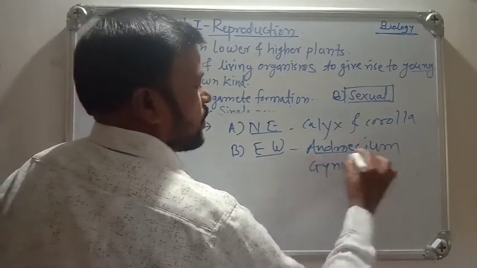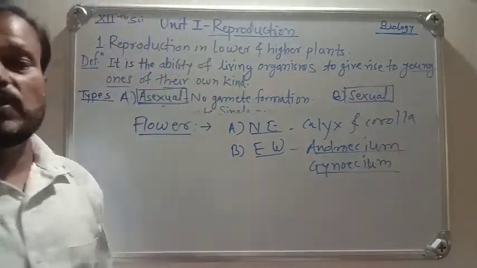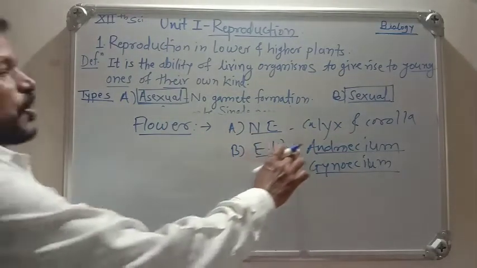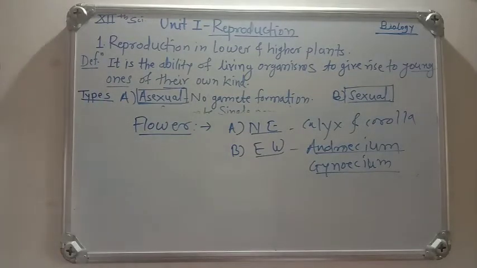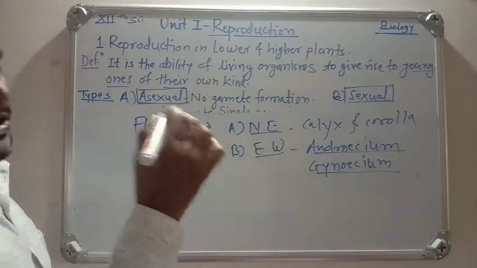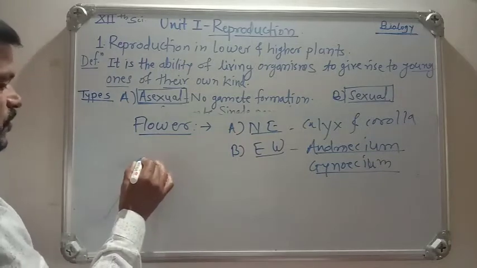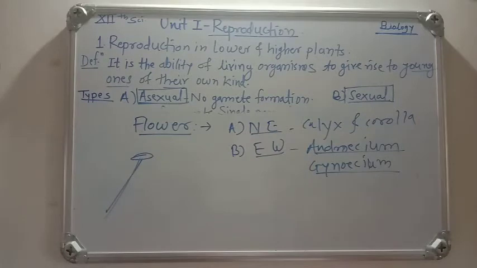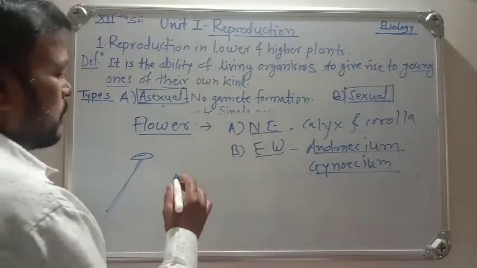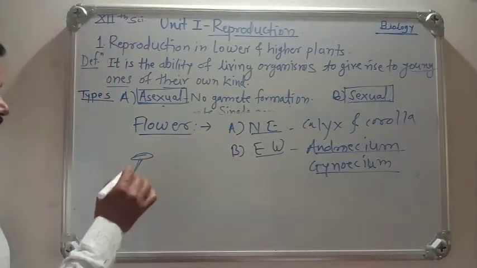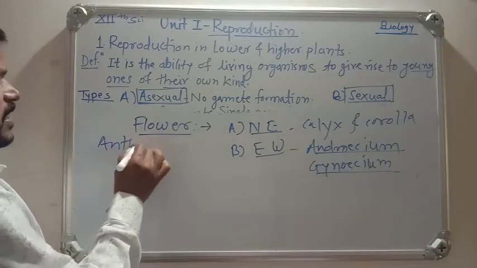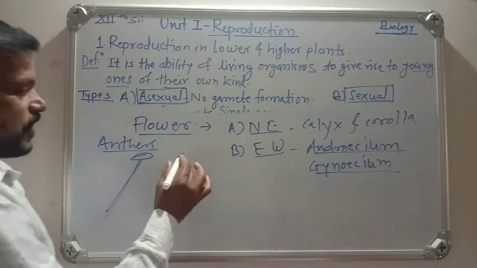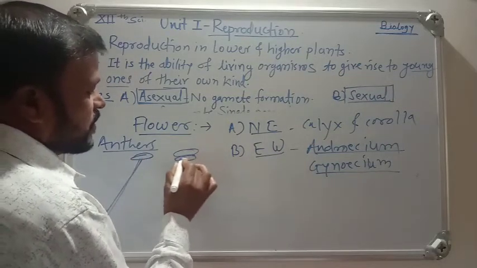So first we will discuss the androecium. The androecium is the male reproductive unit of the flower. The individual member of the androecium is called the stamen. This is the structure of the stamen. There are two types of anthers, not stamens, anthers: monothecous and dithecous.